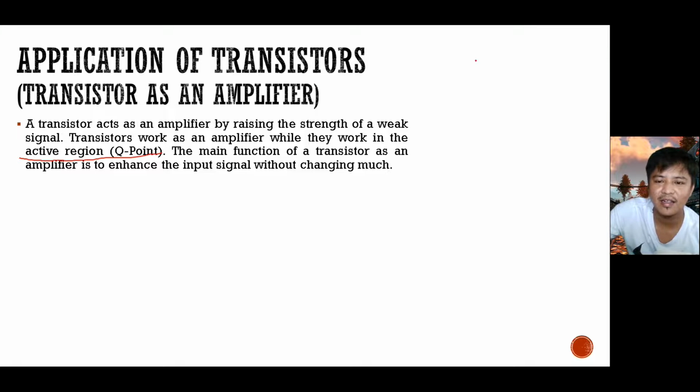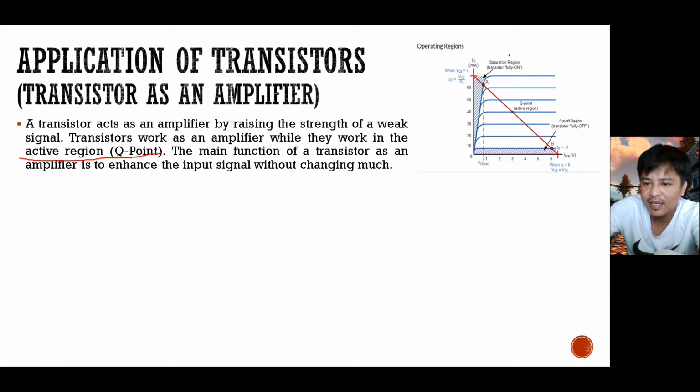So this is the another region that I was talking about earlier. The main function of a transistor as an amplifier is to enhance the input signal without changing much yung ating circuit. Okay?